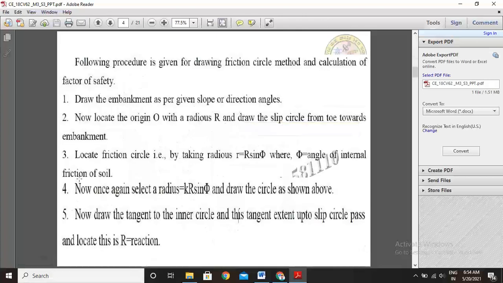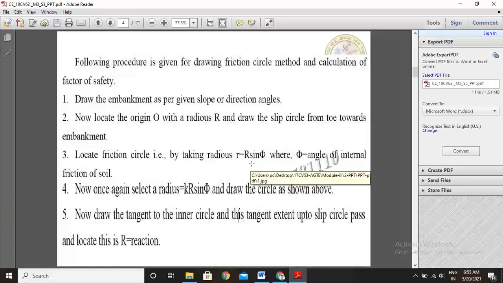In step number 3, locate the friction circle by taking radius small r equal to R sin phi, where phi is the angle of internal friction of soil, which is given in the problem. Multiply the radius by sin phi and we get the small r distance.